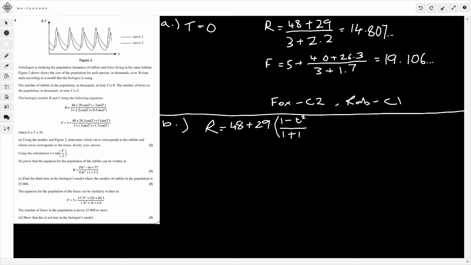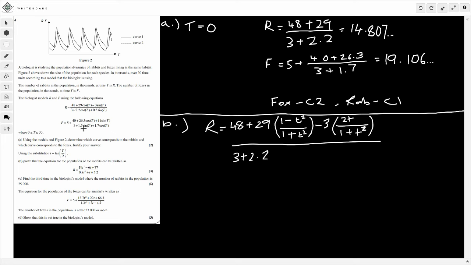Like I said, these aren't in the formula book, so you do need to know them. Then minus 3 lots of 2t, that's my numerator, divided by 1 plus t squared, with t squared there. So that's my numerator, let's do the denominator. This is going to be 3 plus 2.